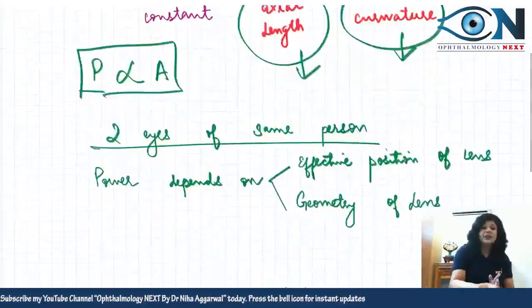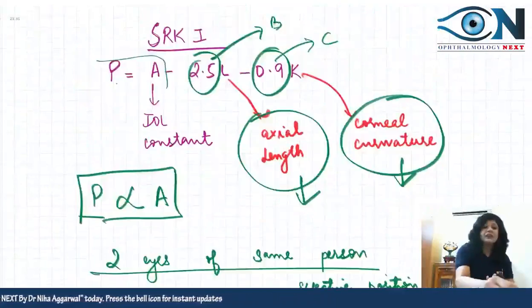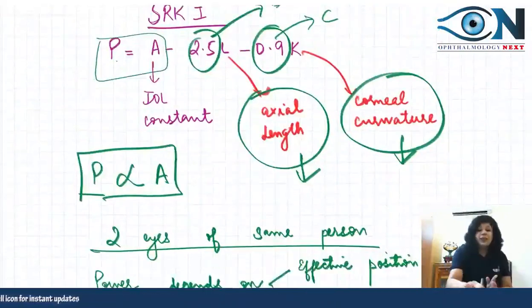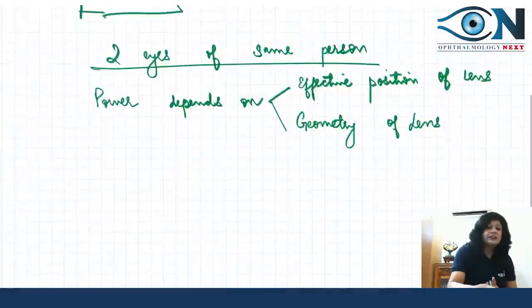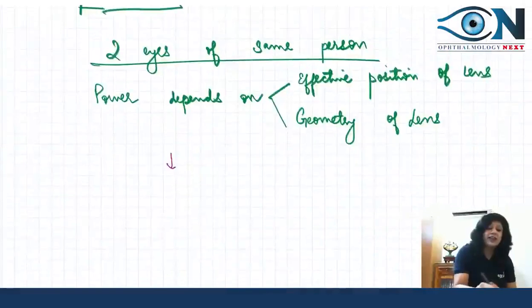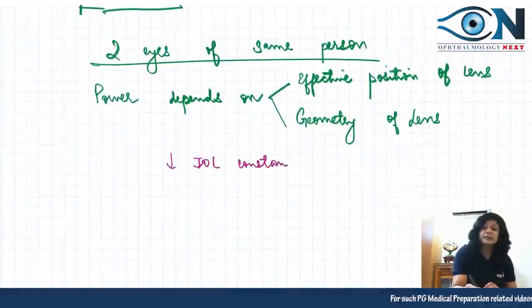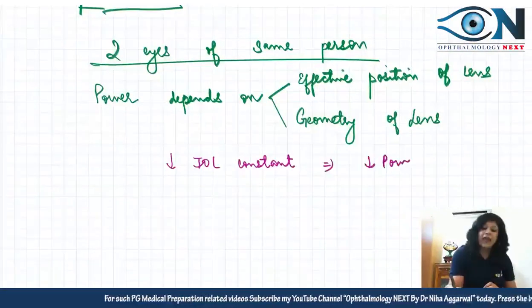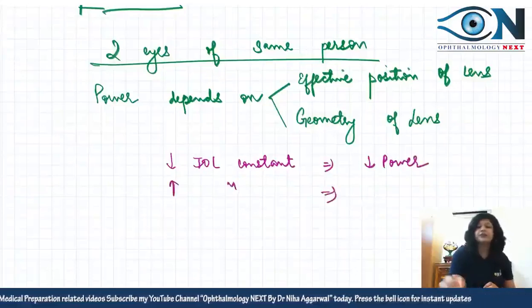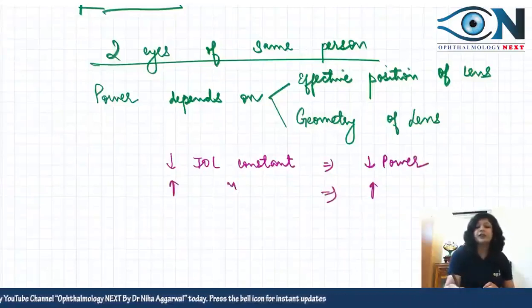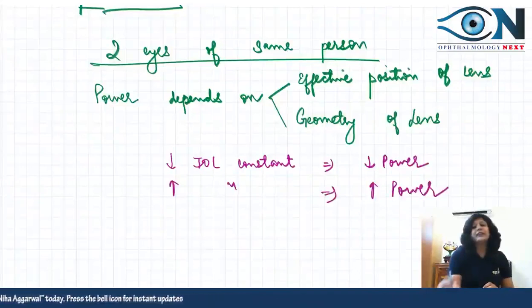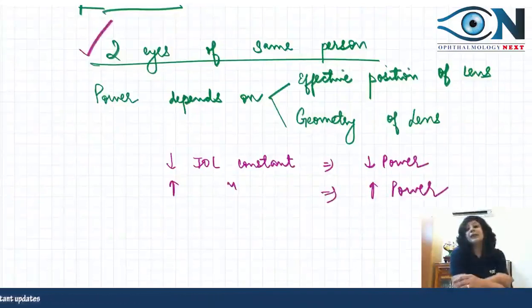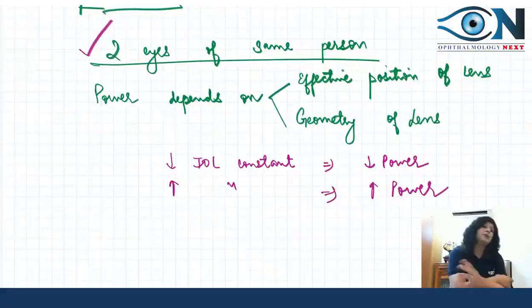Otherwise we would be saying that this power is dependent upon A, so that if I have a lesser IOL constant, this person will require less power, and if it is more, this person will require more power. Actually it is not; it is dependent upon the geometry as well as the effective position.